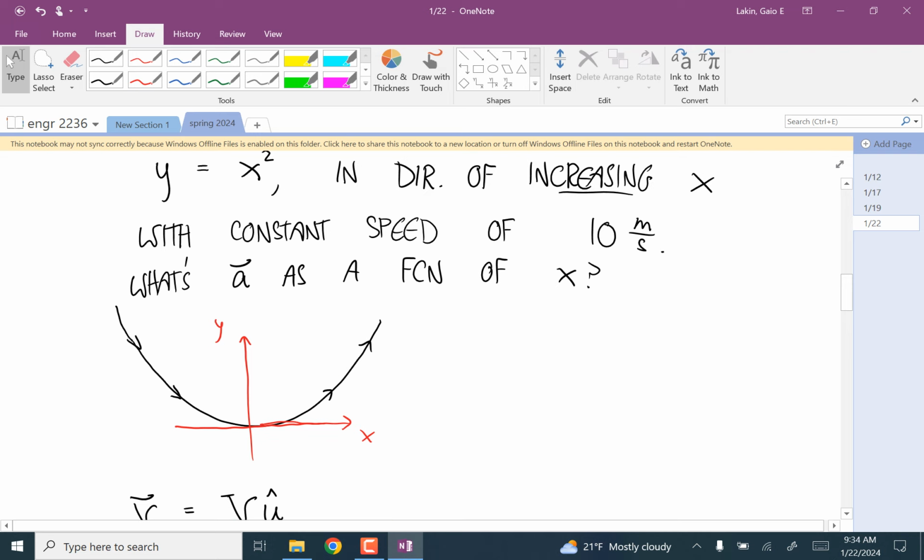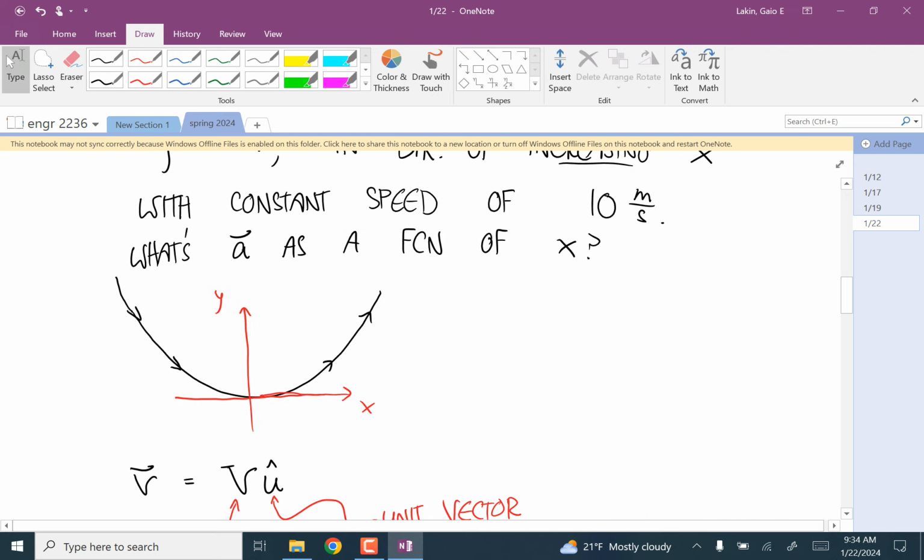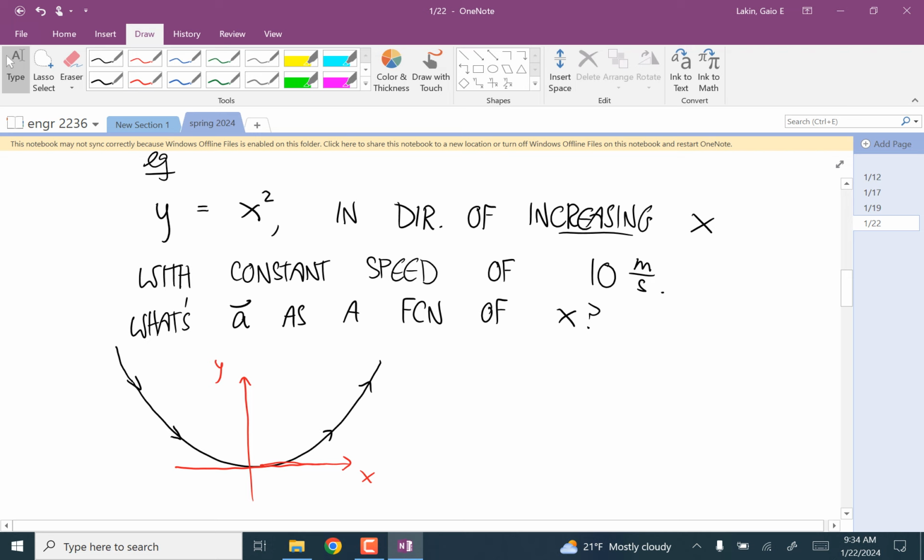The acceleration is higher just because of how fast I said it was going. If I had said that constant speed was 100 meters per second, this acceleration would be that much bigger.